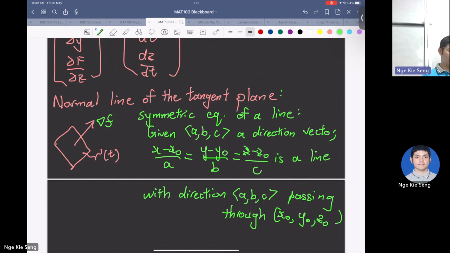Okay, so I hope we will see it again in chapter 13, but I don't want to spend time deriving it now. Okay, so you just take this as your definition of line first.